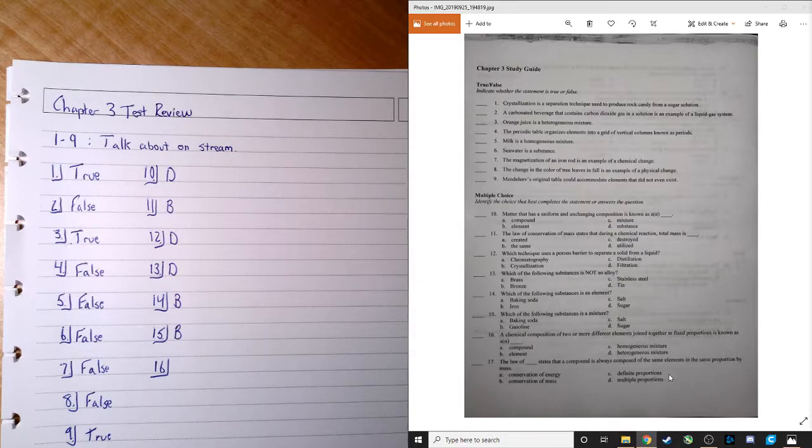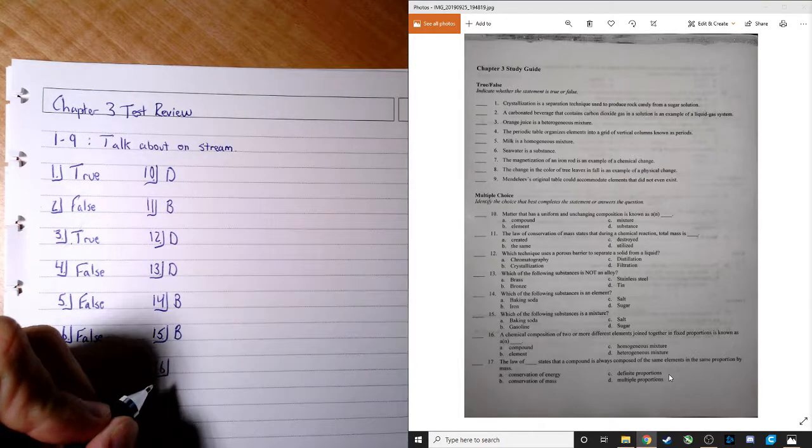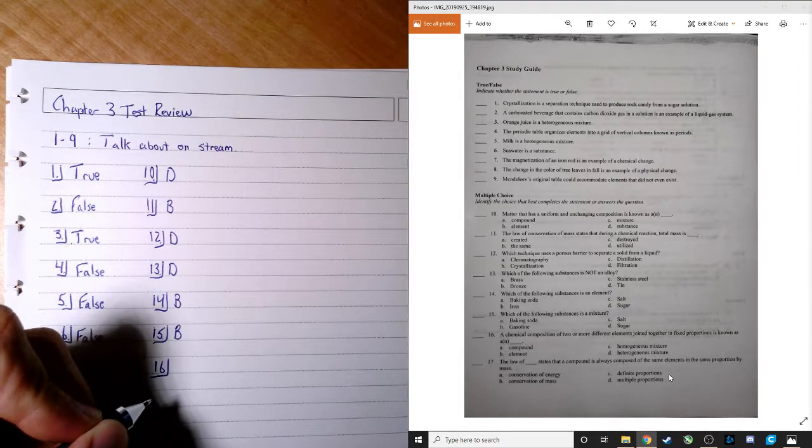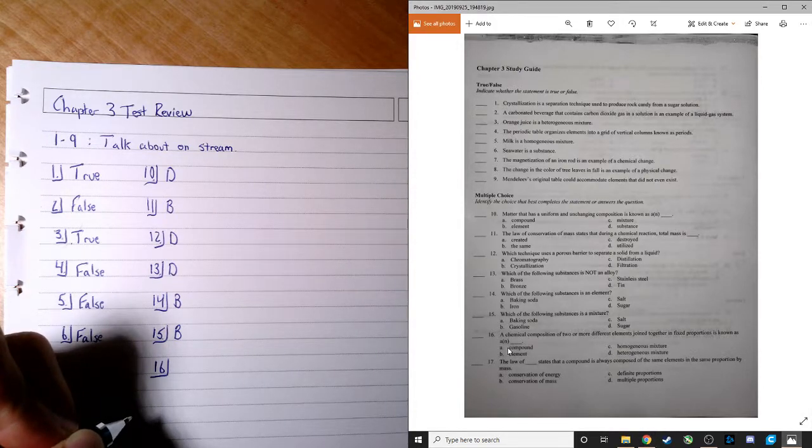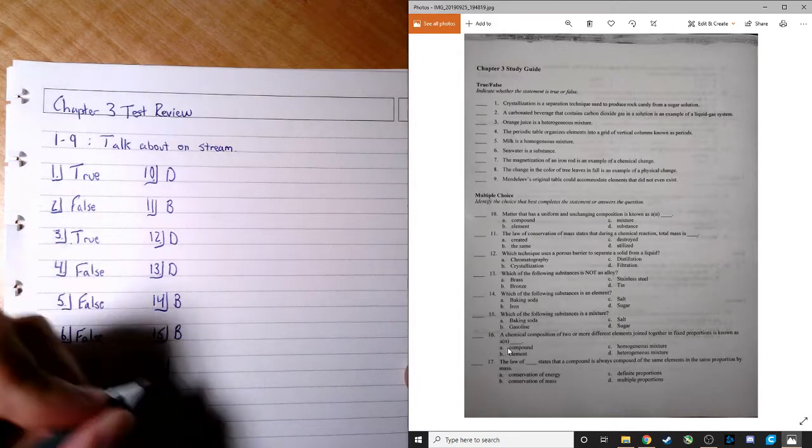This is once again just a textbook definition. There's not much that can be explained with that, because it's pure elements being combined together. It can't be an element if it's two elements combined together. You could probably argue a little bit for a homogeneous mixture, but really still not correct. Heterogeneous, no. So therefore, it's letter A.